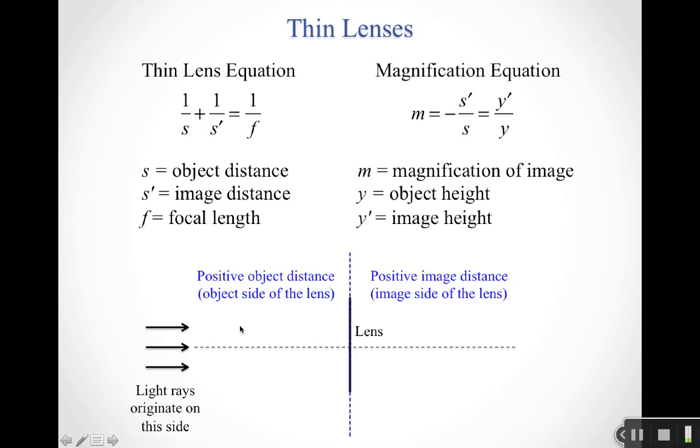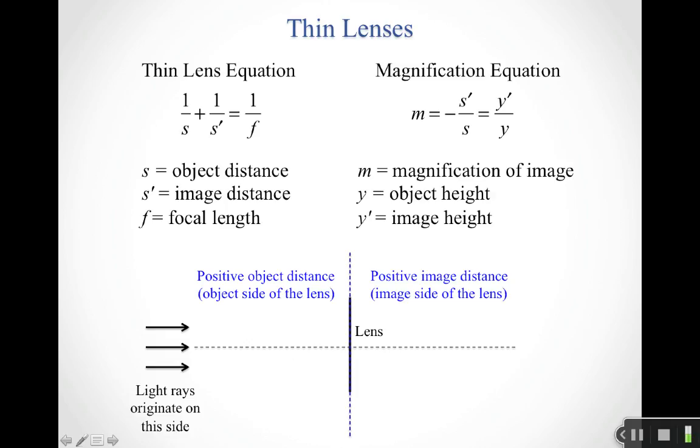Now it switches with the image. So where the light's coming from is the positive object side of the lens. Where the light's going to is what we think of as the image side of the lens. So if you have an image that forms on the other side of the lens from where the light originates, that's going to have a positive image distance.